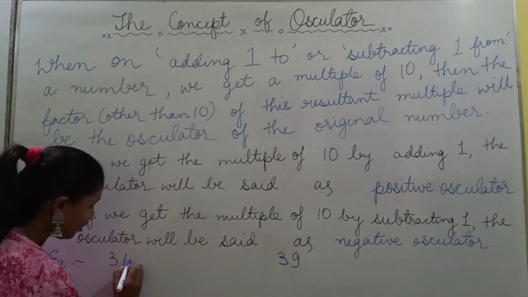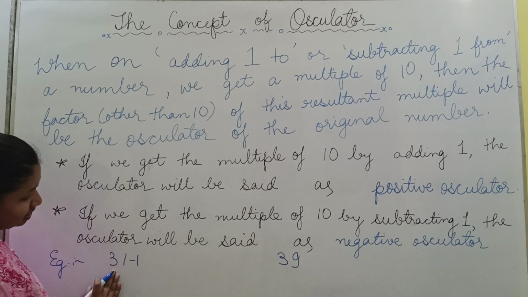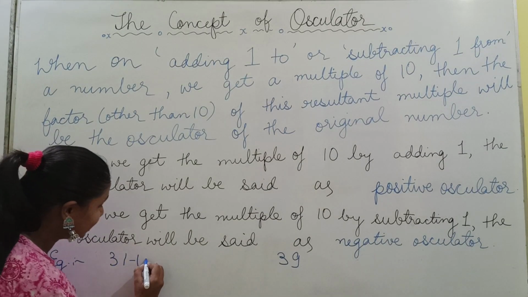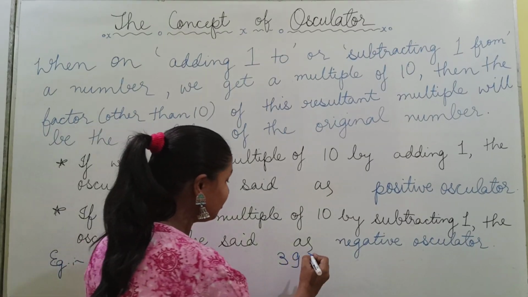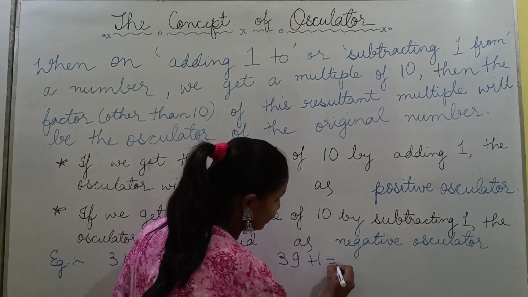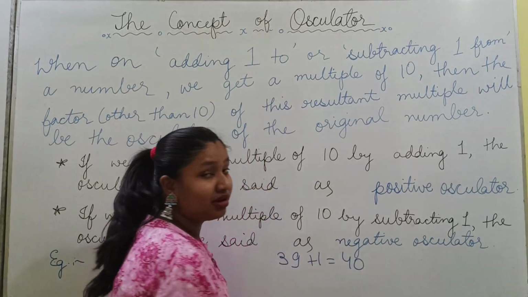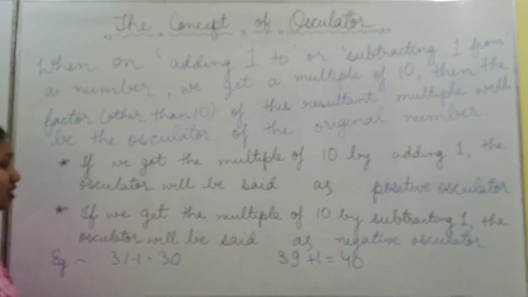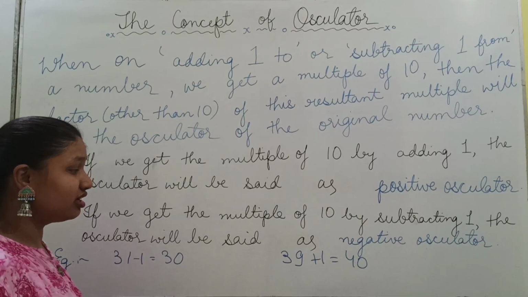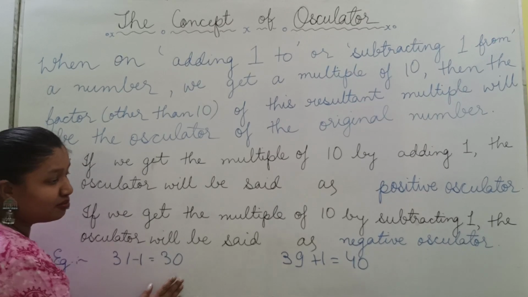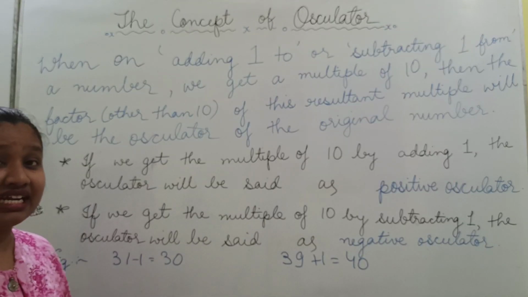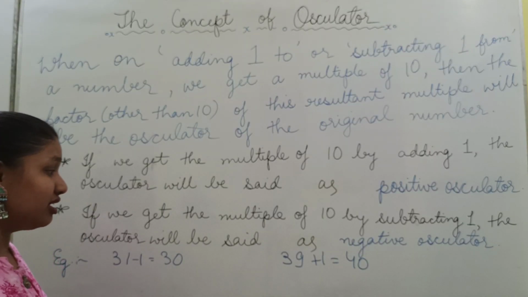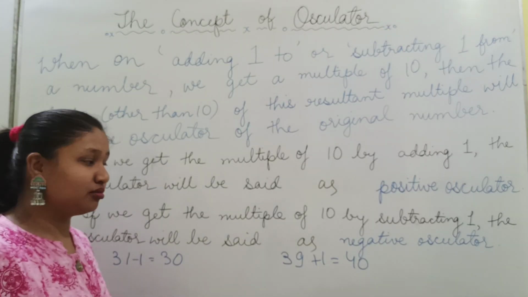On subtracting 1 from 31, we will get a multiple of 10, but on adding 1 to 39, we will get a multiple of 10, right? Our main motive here is to get a multiple of 10, and that too by adding or subtracting 1 and no other number.